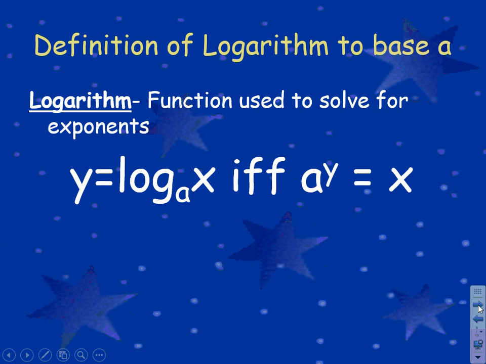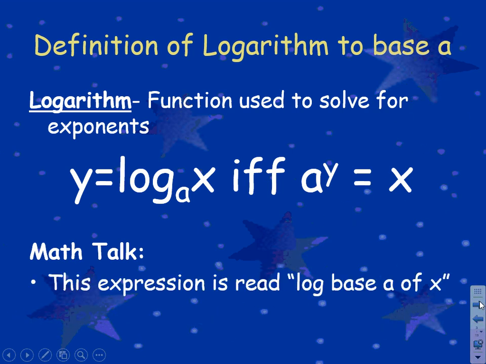So you're going to have the equation y is equal to log, and how you read this. Okay, the transition's up there. You read this as log base a of x. Your base is your subscript, your little a.